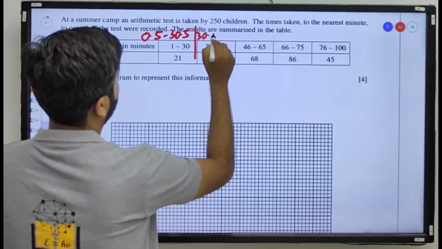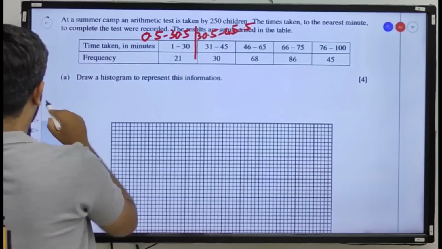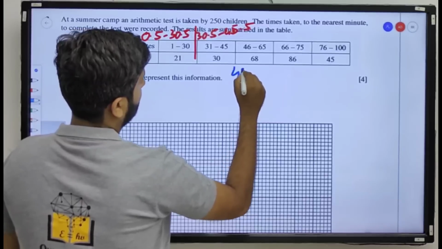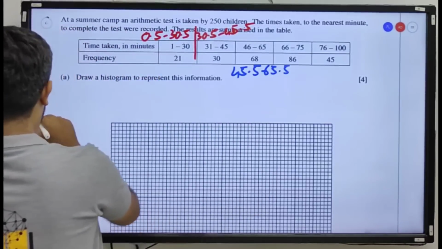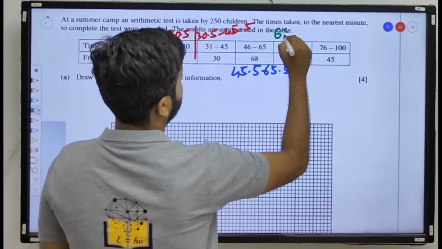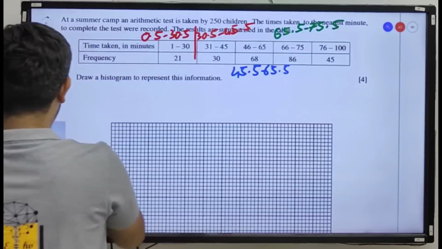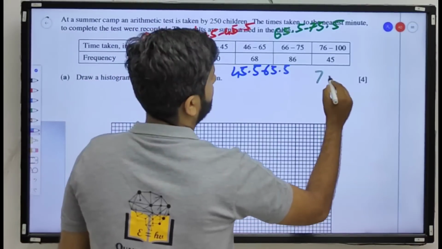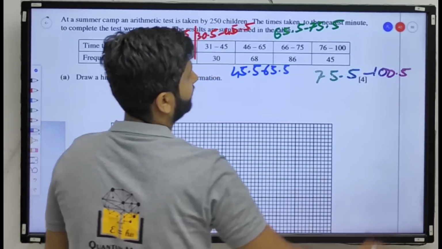Here you have from 30.5 to 45.5. Here you have 45.5 to 65.5. Here 65.5 to 75.5, and at last you have 75.5 to 100.5, right?